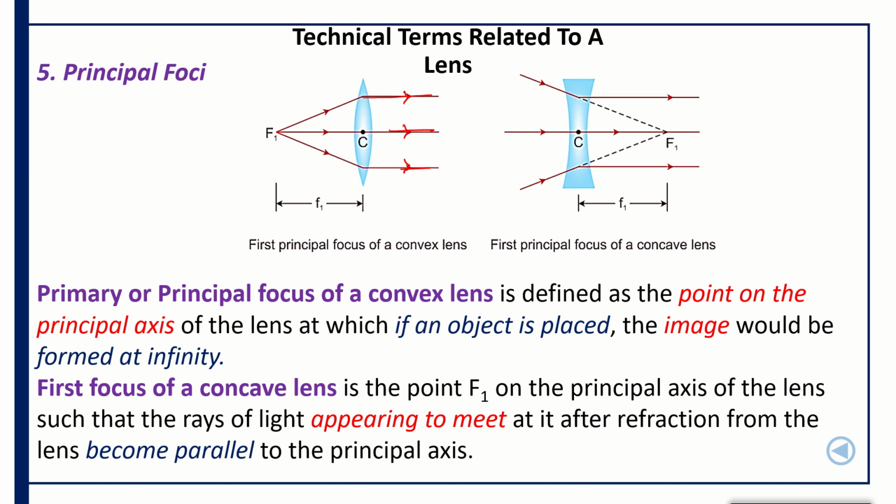So the primary or first focus of a concave lens is the point F1 on the principal axis of the lens such that the rays of light appearing to meet at it after refraction from the lens become parallel to the principal axis. So this is the primary principal focus point of the convex lens and the first focus of a concave lens.